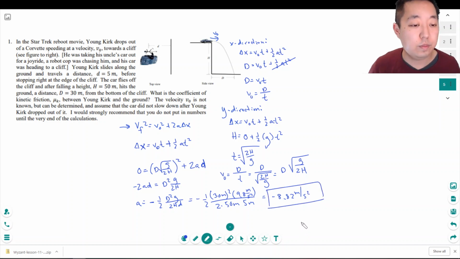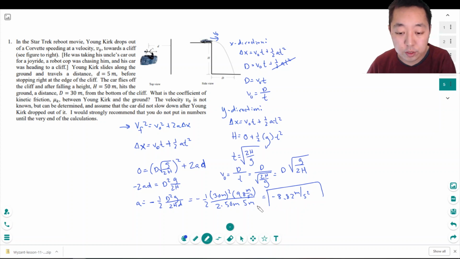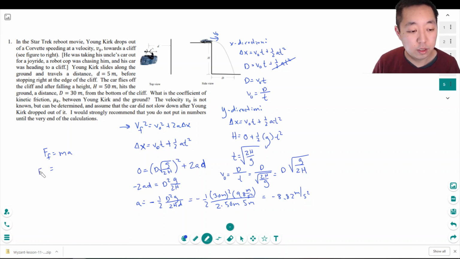Okay. So that's the acceleration. That's not what I'm actually trying to find. I'm actually trying to find the coefficient of friction. But I know that the frictional force, the net force on him, would be mass times acceleration, so I have ma.